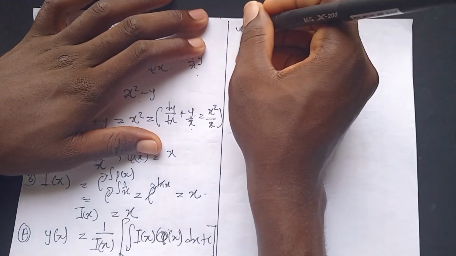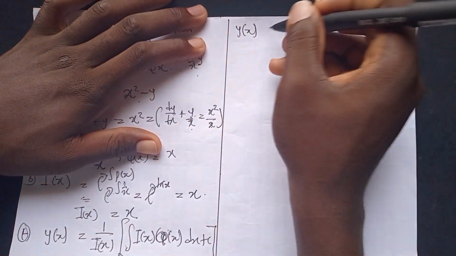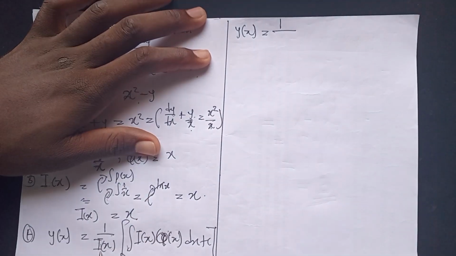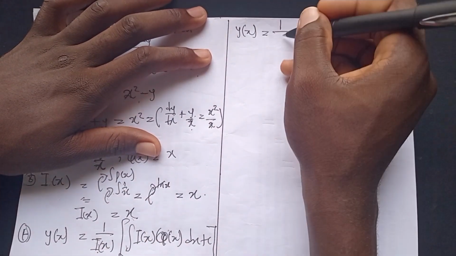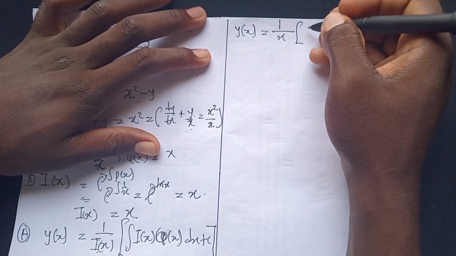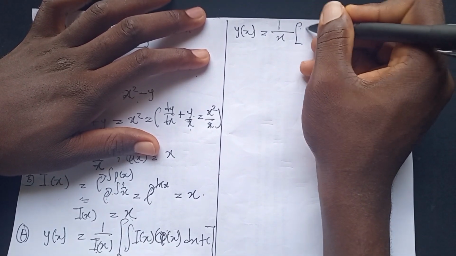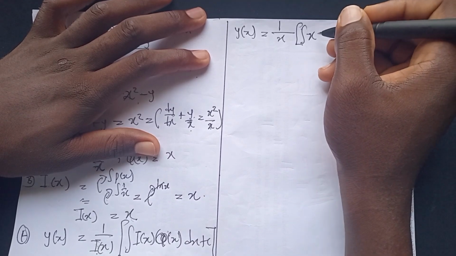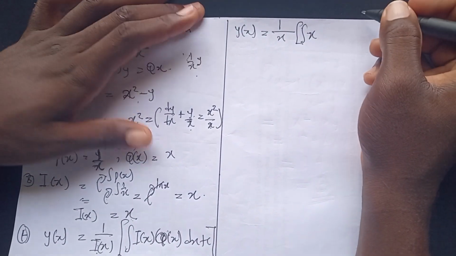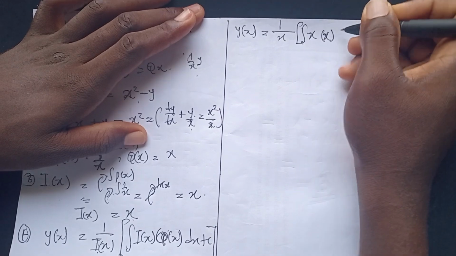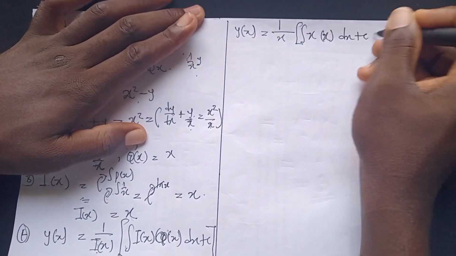So let's substitute. y of x is equal to 1 over I of x, which is x, times the integral of I of x, which is x, and q of x, which is still x, dx plus c.